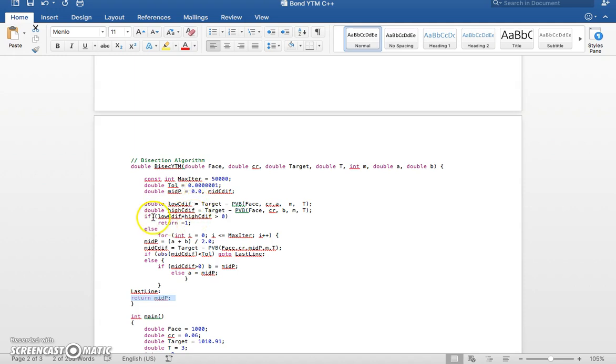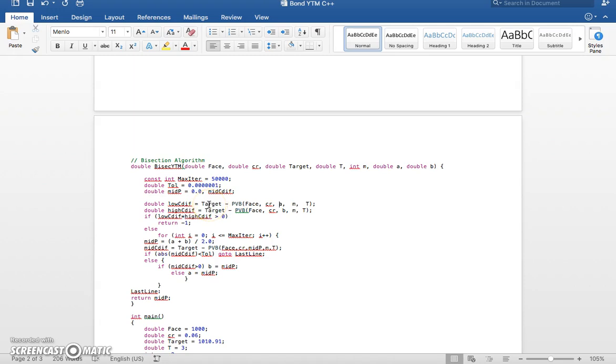Our starting point here would be, we run two estimations for the value of the bond, one with a low rate of interest, a low initial guess, and B with a higher initial guess. So that becomes the low difference.